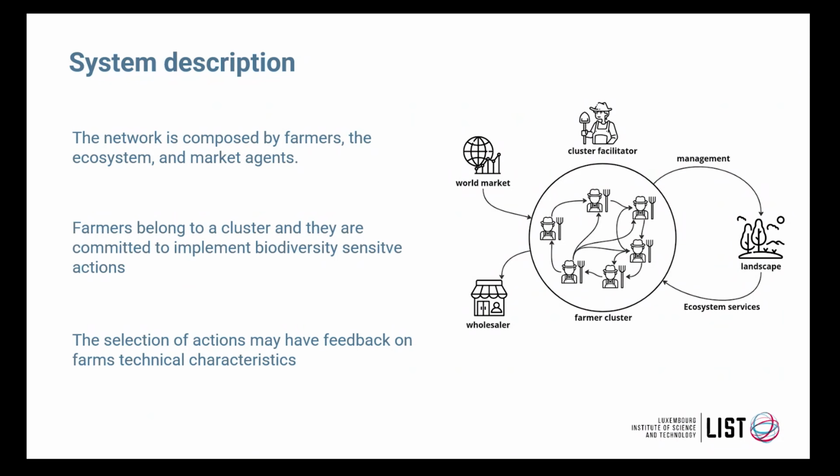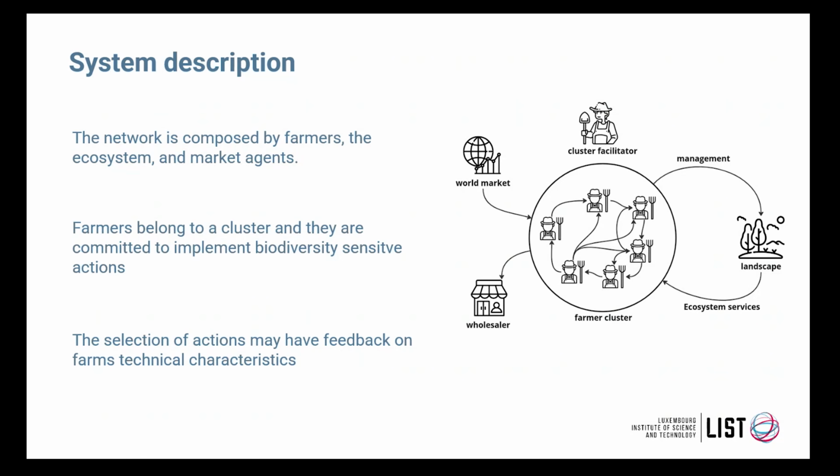The important thing here is that the selection of actions has an impact on landscape and biodiversity as well, but it can also have a feedback on the technical characteristics of the system. And this is precisely the feedback that we were interested in and studied.